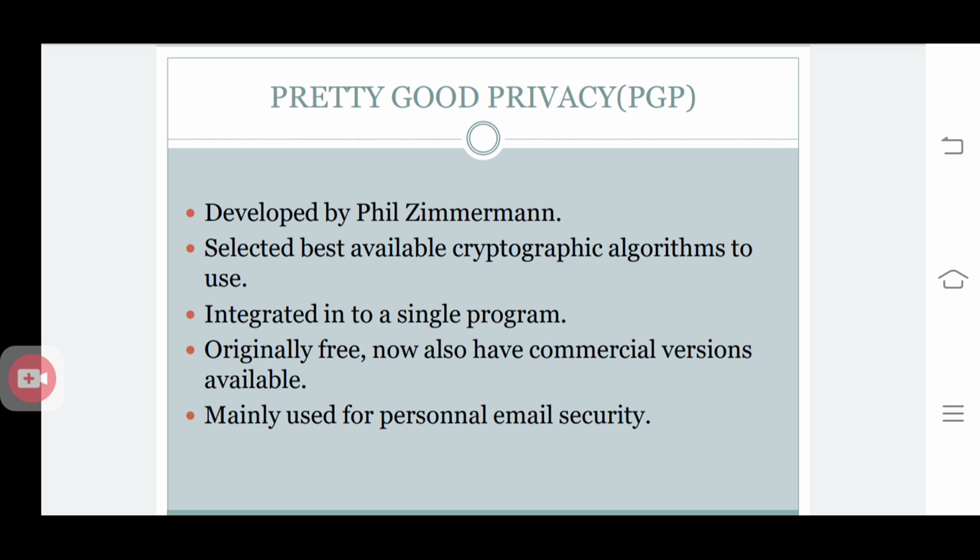It's mainly used for personal email security. So in email security there are two mechanisms: PGP and S/MIME. The first is PGP, developed by Phil Zimmermann, low cost in nature, using a large number of the best available cryptographic algorithms, and mainly used for personal email security.